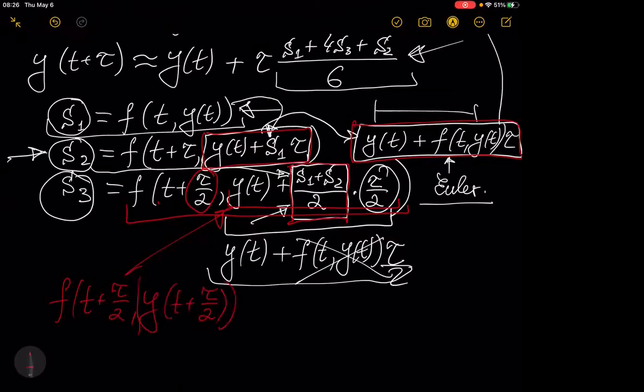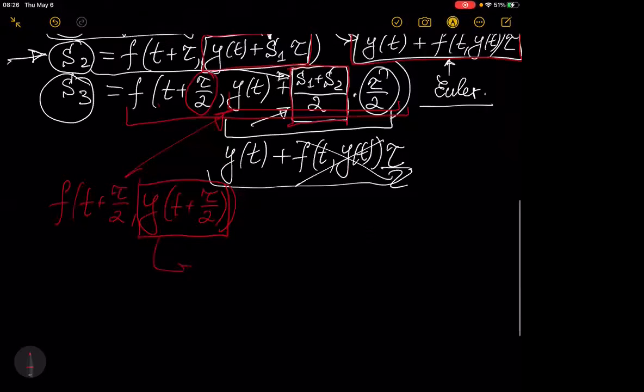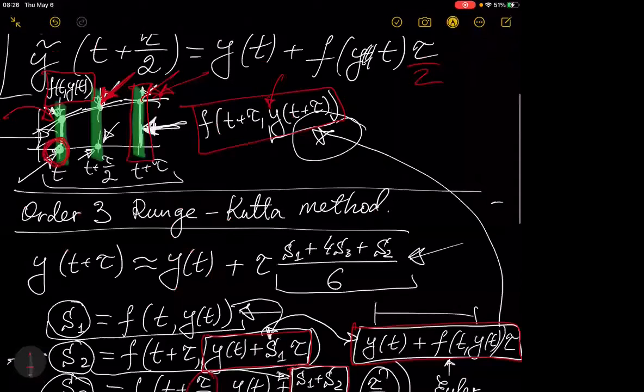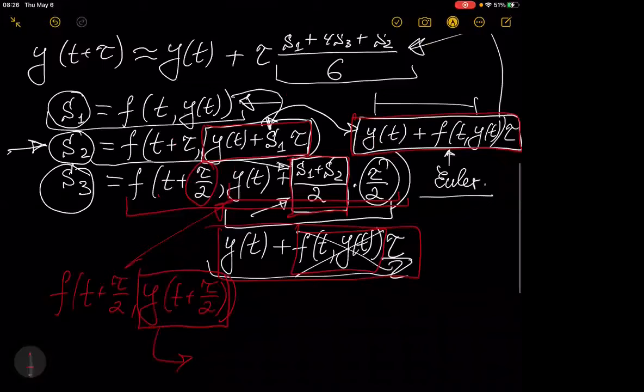But once again, I don't know this function, so I'm trying to evaluate it using something similar to Euler. Just for the slope, I use not just information on this side of the interval, but information from both sides of the interval. I'm taking the average slope. Here it is. Is it clear or not?